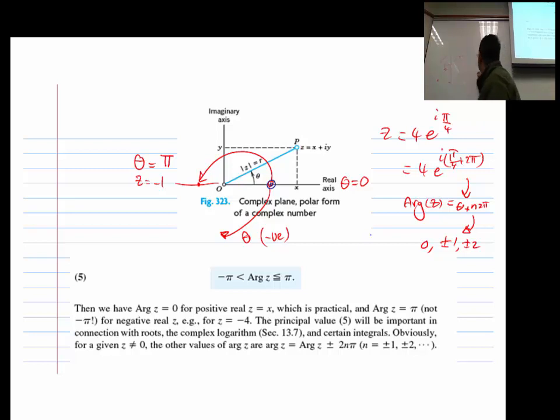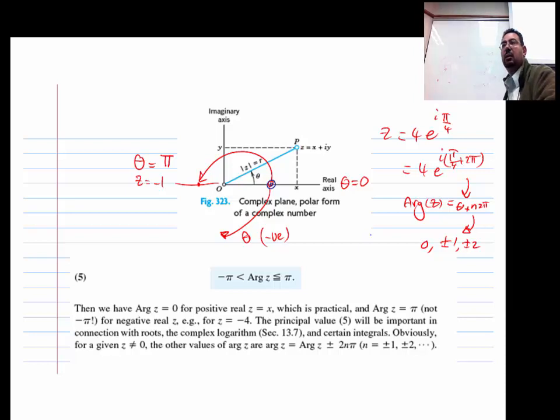But if I said find the solution in the form r e to the power i theta, and you did your calculation and ended up with z being 3 e to the power i pi over 2, that was the solution, but that's not good enough. You actually have to say pi over 2 plus 2 pi, actually plus 2 pi n.